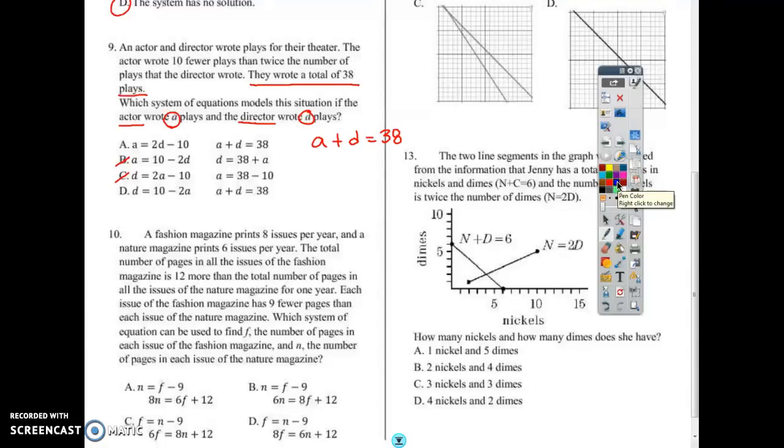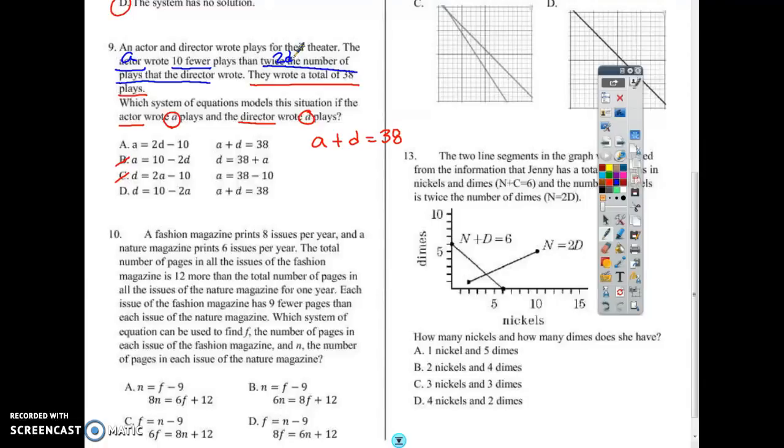And that's that the second equation where it says the actor, that's A, wrote 10 fewer, so I know there's going to be a minus, plays than twice the number of plays the director wrote. The only thing that I can tell you about this one is it says twice the number the director wrote. So I know it's going to be 2D.